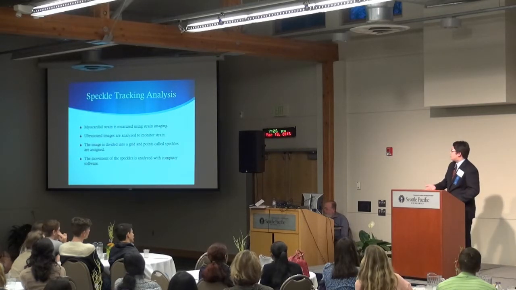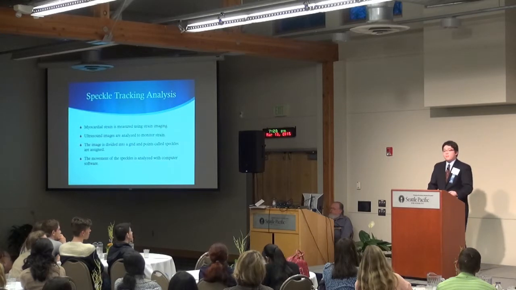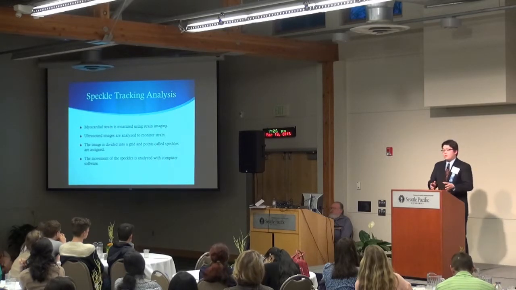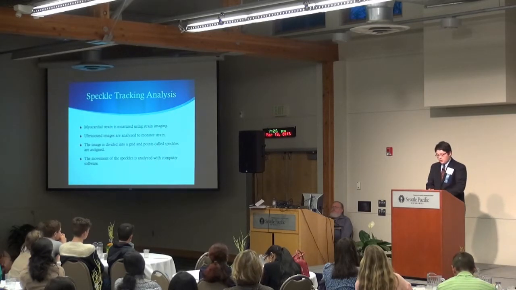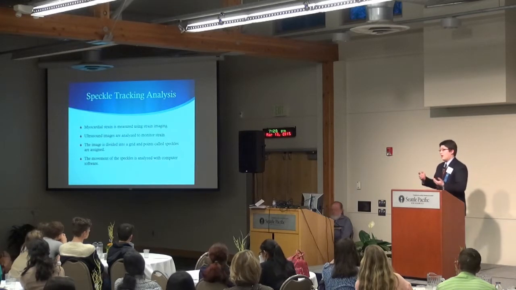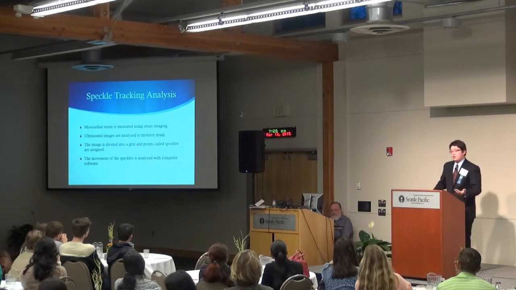So something like speckle tracking enables doctors to have a non-invasive method of determining an index of cardiac performance. Basically how it works is that ultrasound images are divided into a grid, and then this grid is divided into points called speckles. Then, as the name suggests, the movement of the speckles is tracked, and this is used to calculate strain.